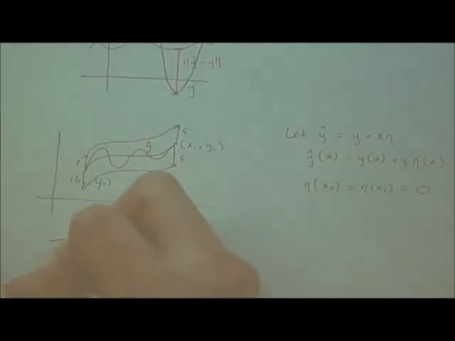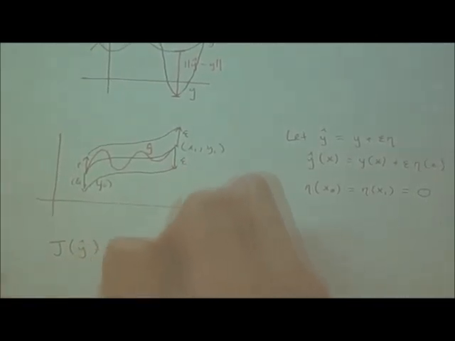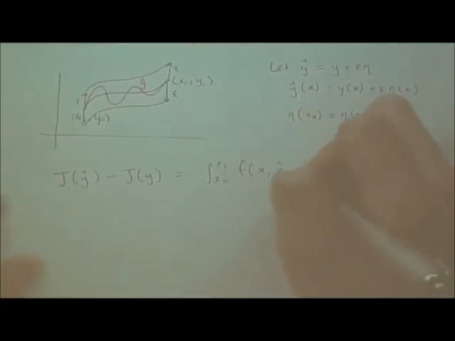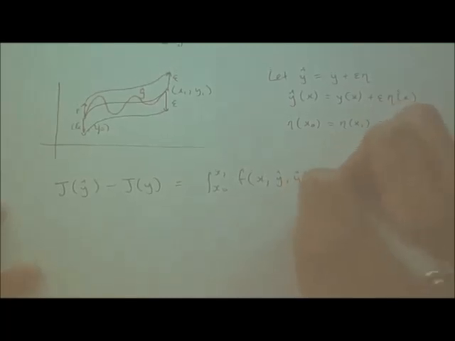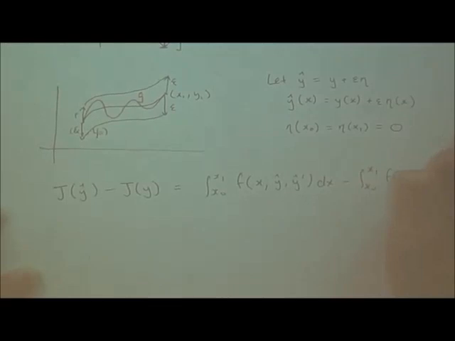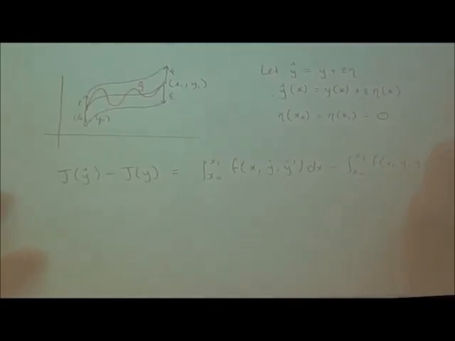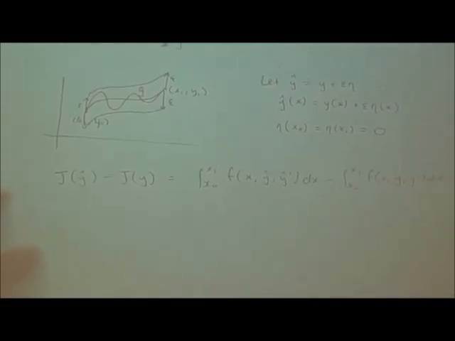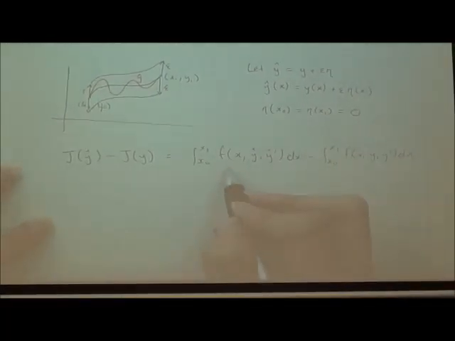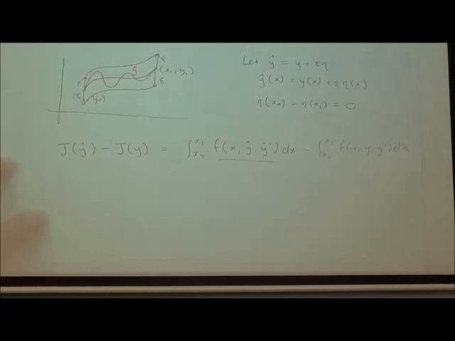Substituting J of y hat minus J of y into the functional gives the integral of f of x, y hat, y hat dash, minus J of y. Now to simplify this expression, we have to use a Taylor series expansion for this term.